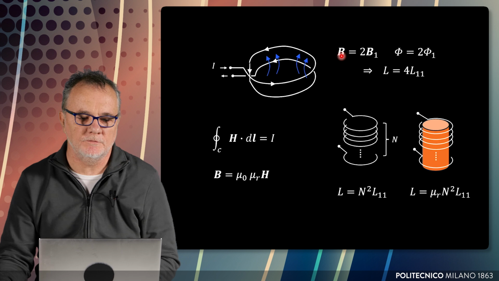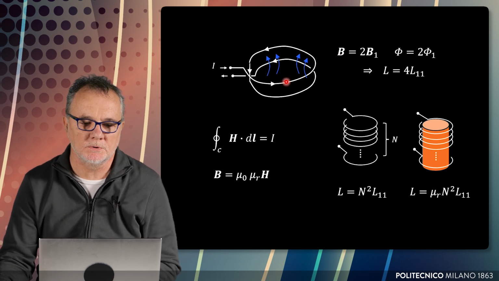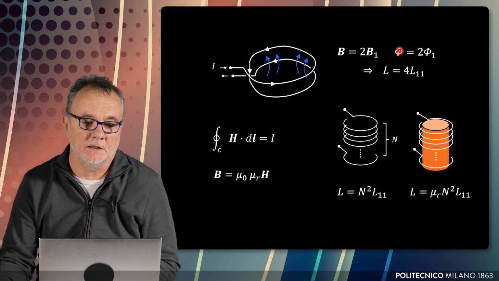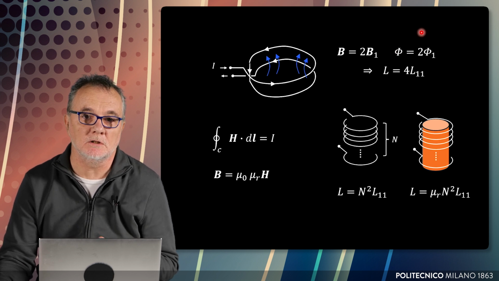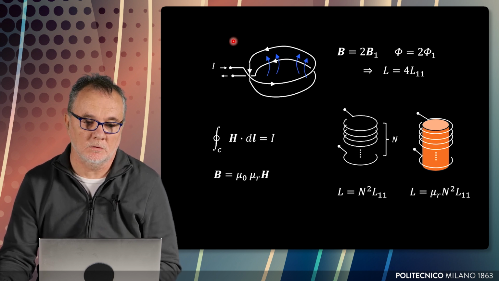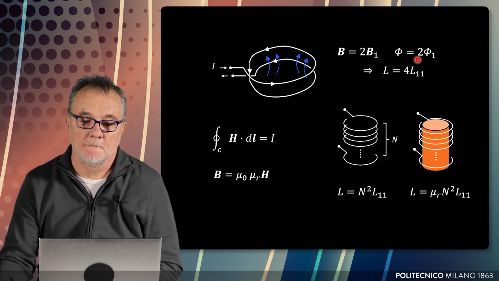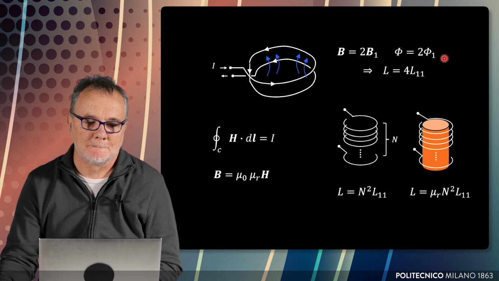So the total B field produced by these two loops is twice the field produced by the single loop. And therefore, the flux through a single loop surface surrounded by the loop is twice the flux produced by the single loop.